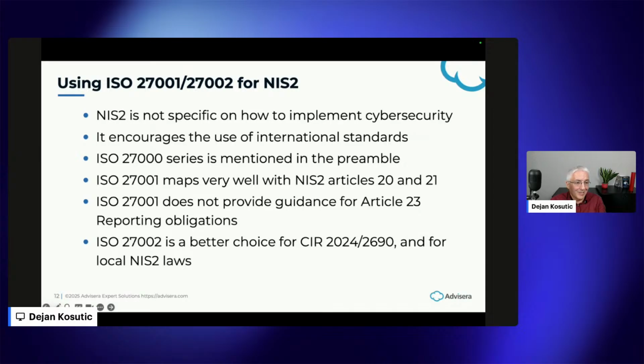And by the way, what I did not mention when I was showing you this NIS2 toolkit: when we created it, we took 27001, 27002, and then added all of these other requirements on top, so requirements from this CIR and also requirements from local laws and regulations. So 27002 is a much better path if you want to do this on your own, to comply with these local laws and regulations.